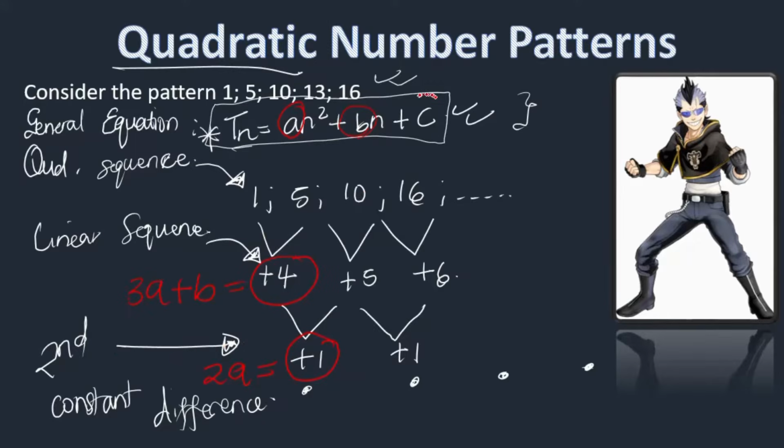For me to find my c value, I'm going to say a plus b plus c is equal to my first value in the quadratic sequence. Very important for you to know them this way, right?